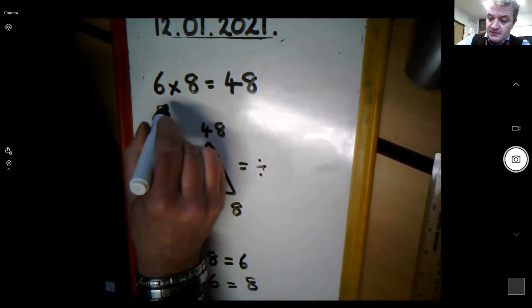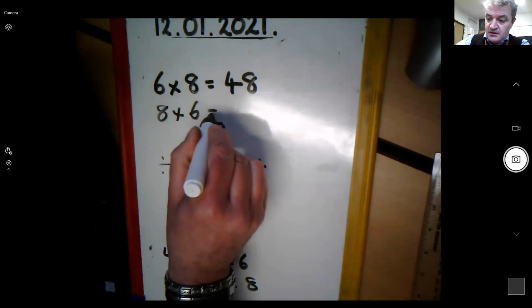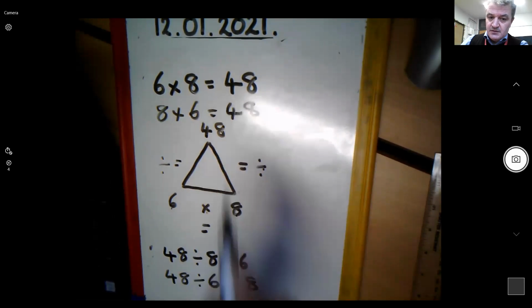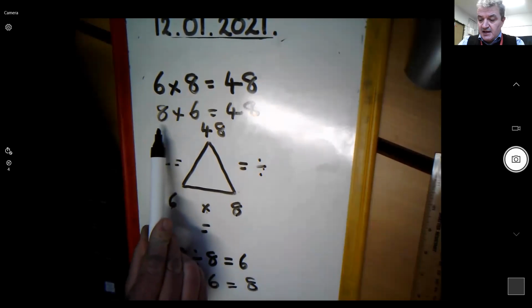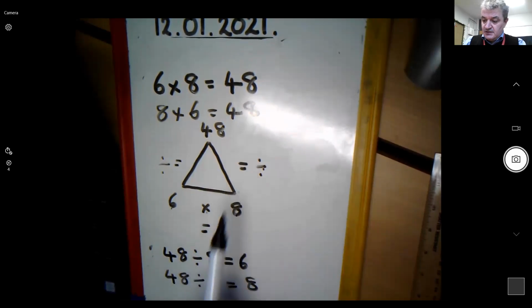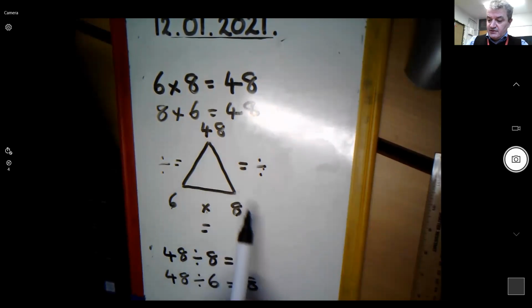So basically, knowing 6 times 8 is 48 allows me to know that 8 times 6 is 48, and allows me, through the inverse operation, to also know these division facts. 48 divided by 8 is 6, and 48 divided by 6 equals 8.